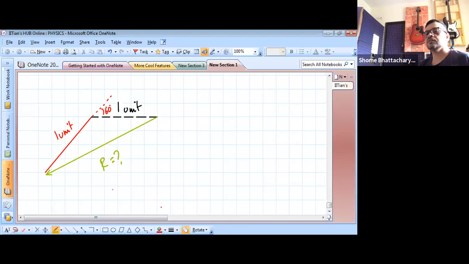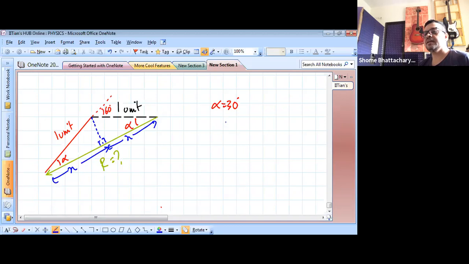We just found out that this angle is equal to this angle is equal to 30 degrees. So now next, we use the property of isosceles triangle, that if we drop a perpendicular, we get 2 congruent triangles. Let's say this is x and this is x.